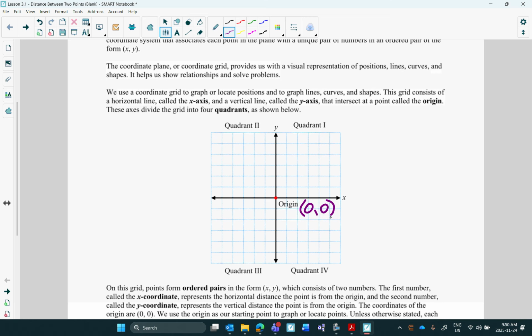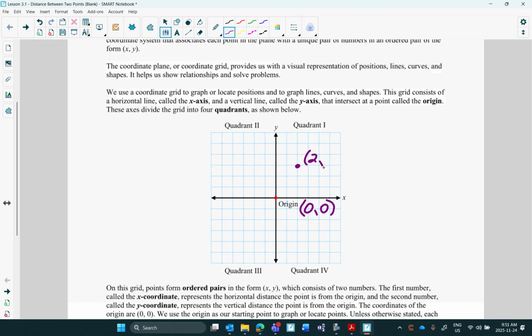And so then, to find locations on a coordinate grid, we always count how far we are horizontally from the origin, and then how far we are vertically. So if I said, what's this point here? We would say, in relation to the origin, we're 2 to the right, so that means positive 2.